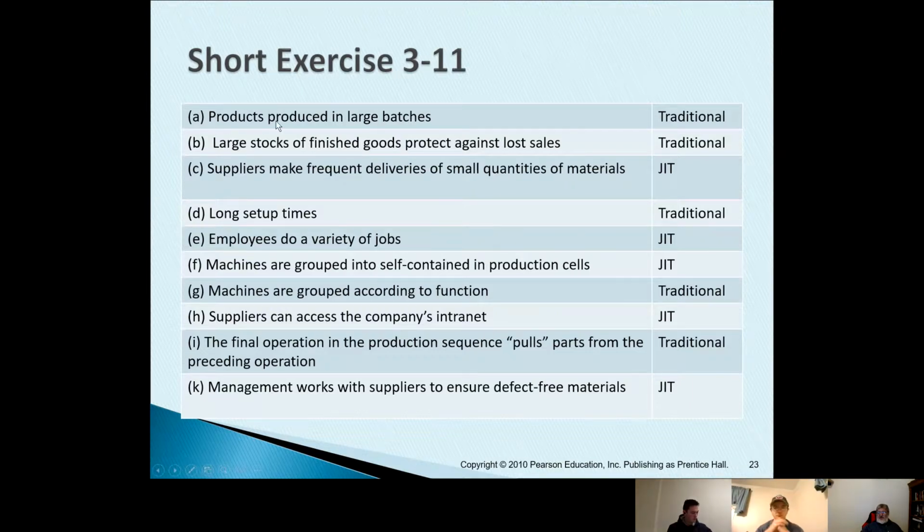So, products produced in large batches. When I was taking this class at a graduate level, Dr. Hessel always talked about how he used to work in a can factory, and they made the little cans that you get tuna fish or cat food in.